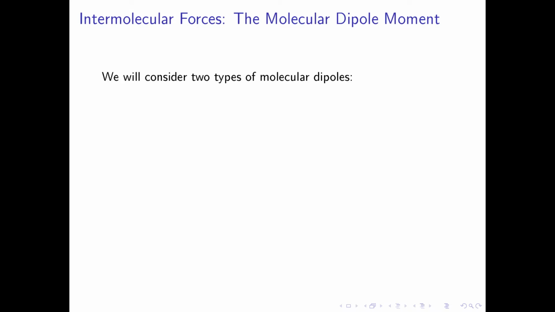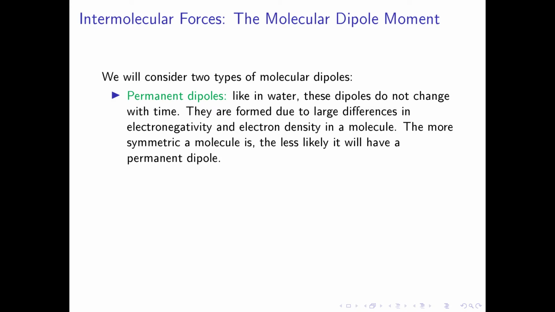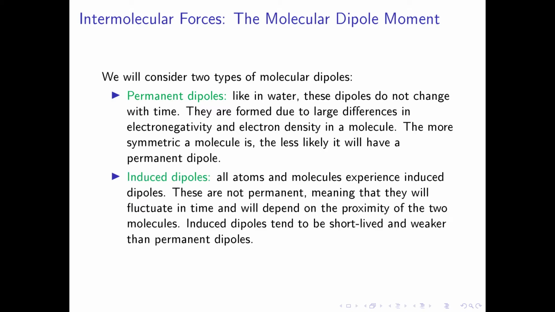We will consider two types of molecular dipoles. First are the permanent dipoles. As in water, these dipoles do not change with time. They are formed due to large differences in electronegativity and electron density in a molecule. The more symmetric a molecule is, the less likely it will have a permanent dipole.